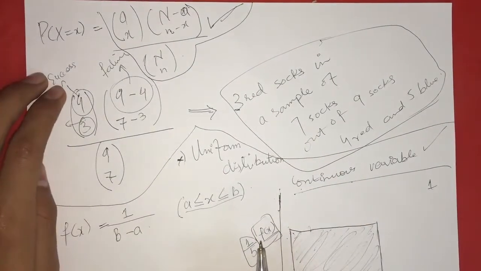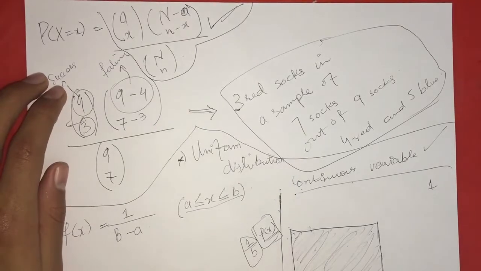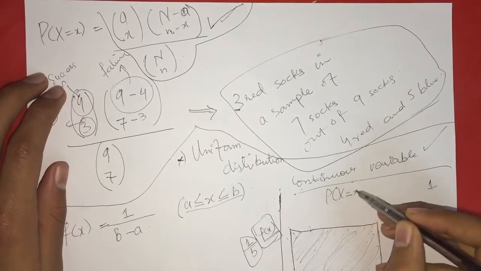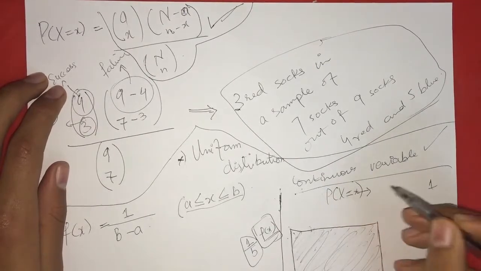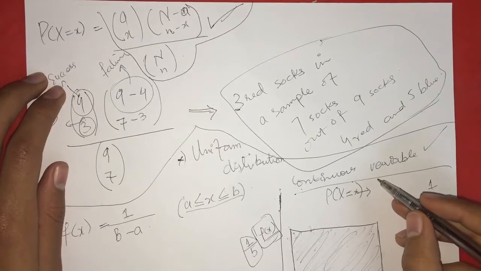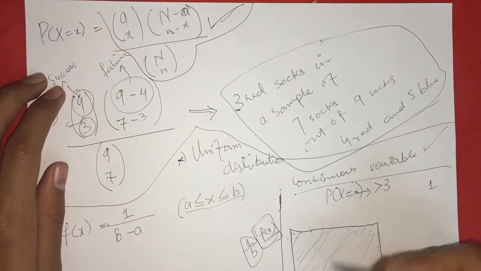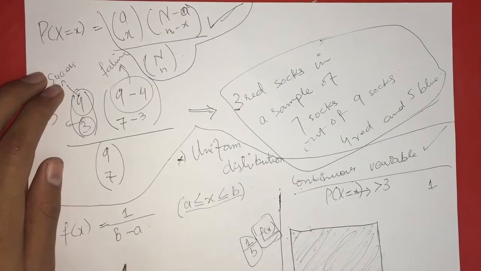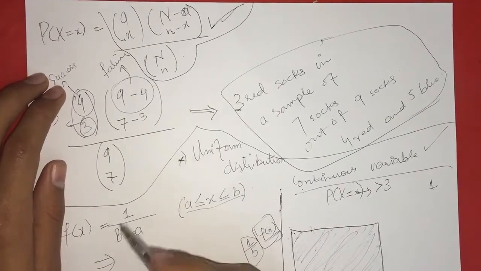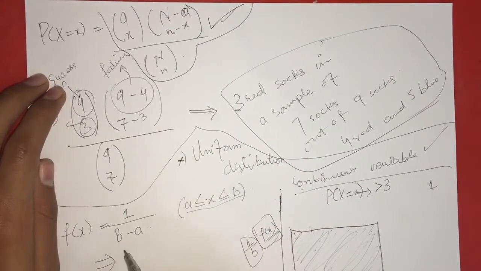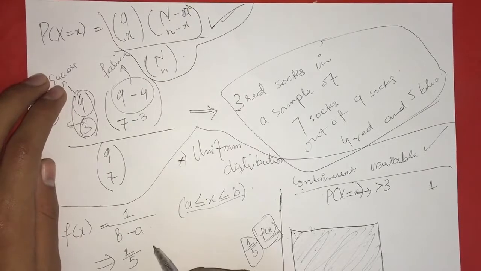So here, if you want to find the probability of x when little x is greater than 3, because it cannot be exactly 3, as I'm going to prove to you in a bit. So you have 1 by 5, because f of x was 1 by 5, equals 1 divided by b minus a.